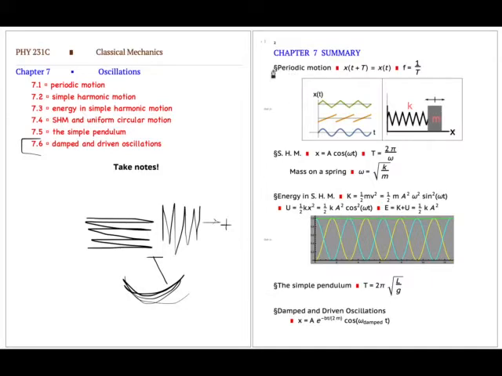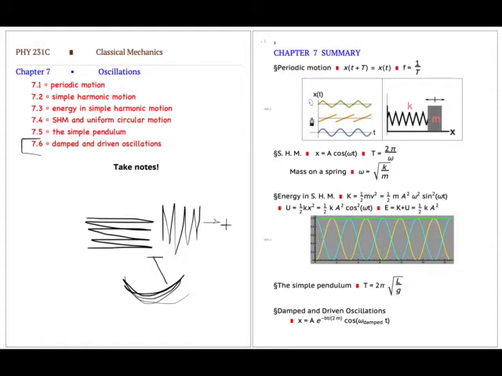First of all, there's a mention of periodic motion. It's shown here. Periodic motion is if you make a graph of, let's say, the distance versus time, it's repetitious. So it oscillates about some value of x.